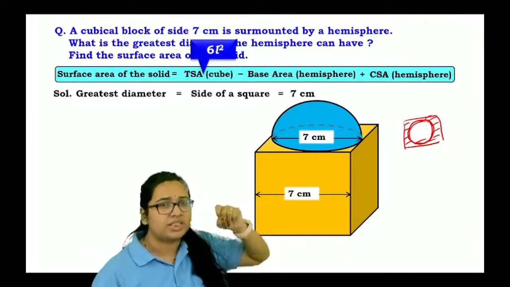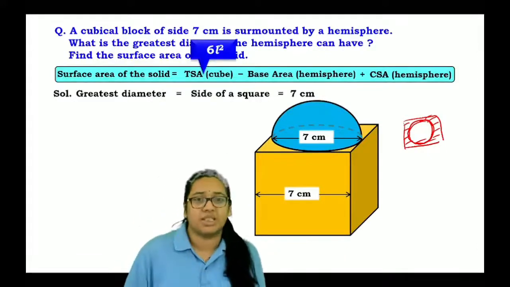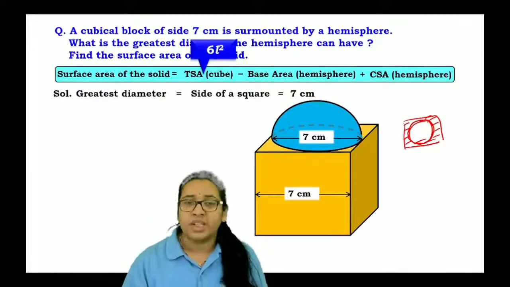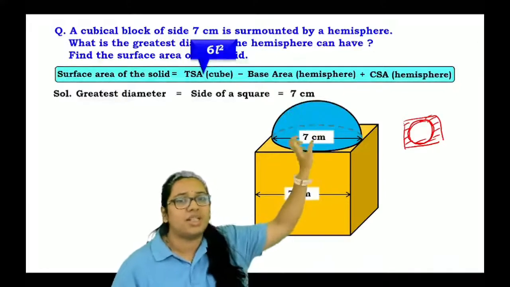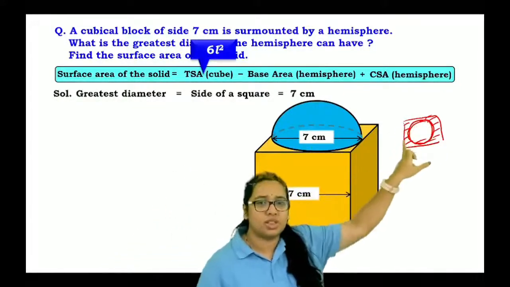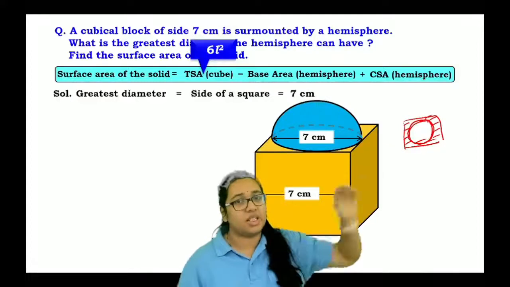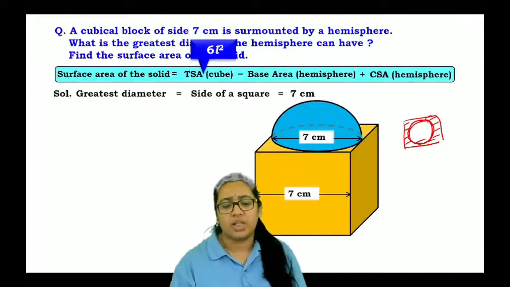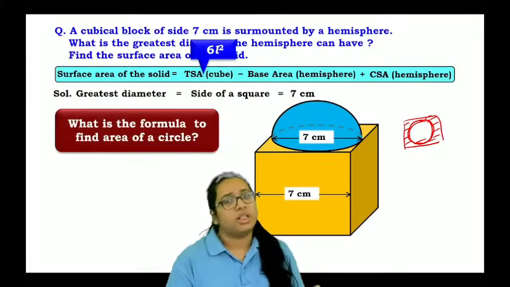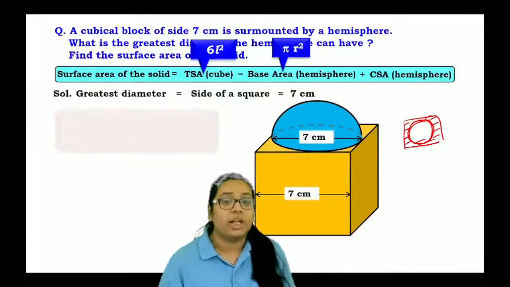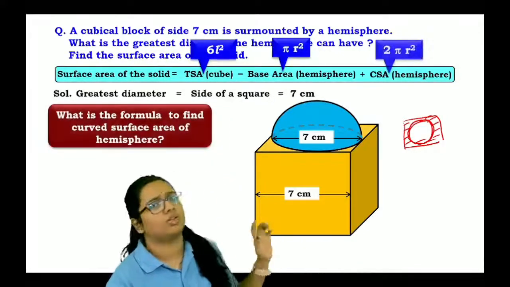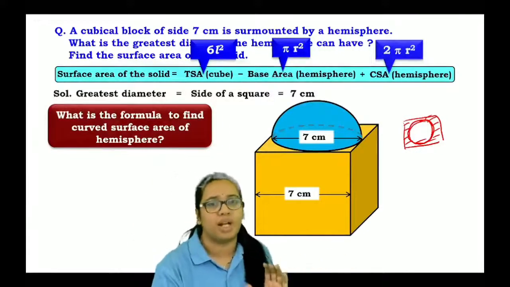So the total surface area is 6L square. Are you getting this one? The second part is the base area, which is just a circle. The area of a circle is pi r square, and the curved surface area of the hemisphere is 2 pi r square.